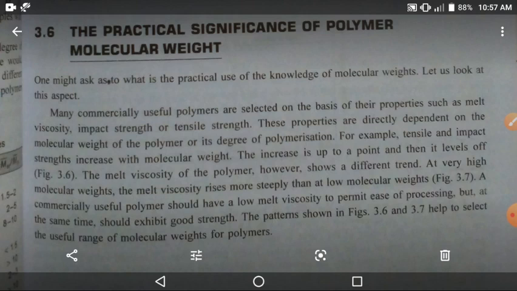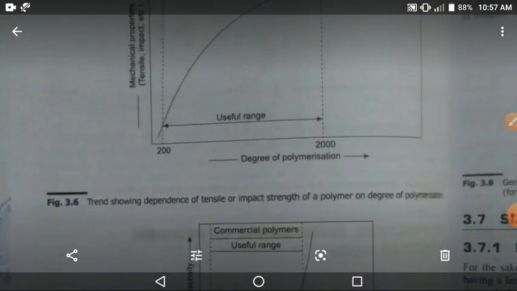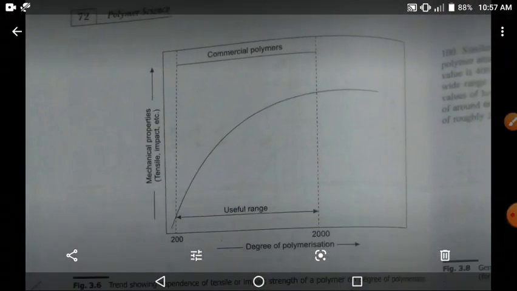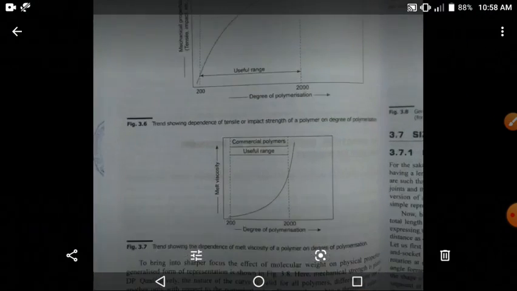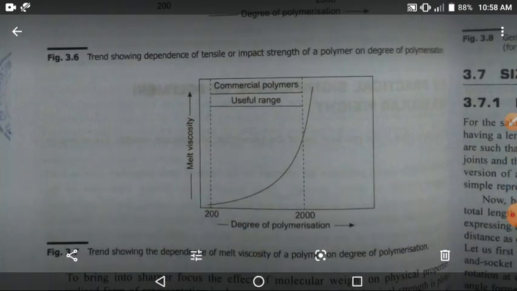We will see this in figure 3.6. This is a graph for chemical polymers: mechanical properties versus degree of polymerization. And the second graph is melt viscosity versus degree of polymerization.